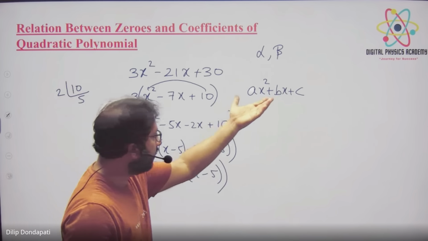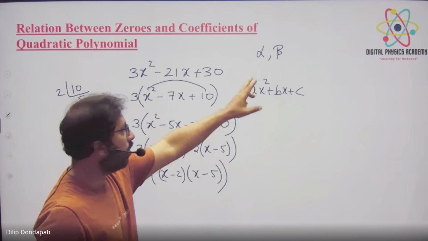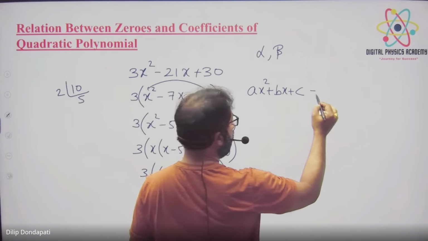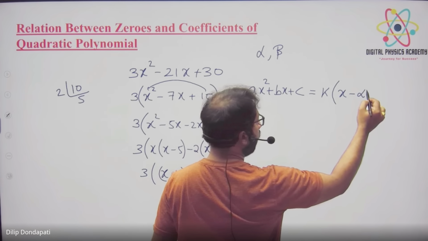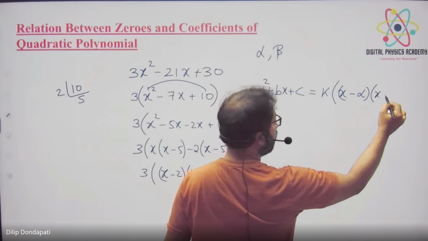Now I can write this since they have two factors. Here the two factors are 2 and 5, right? I can write x minus 2 into x minus 5, with some constant, right? I can write like this: k times of x minus alpha into x minus beta.